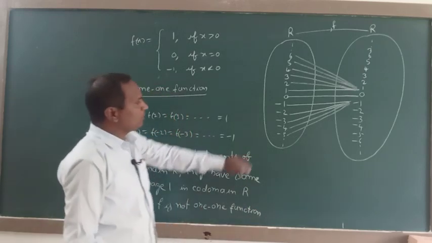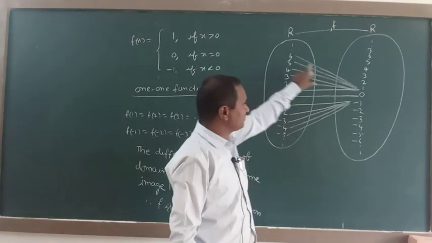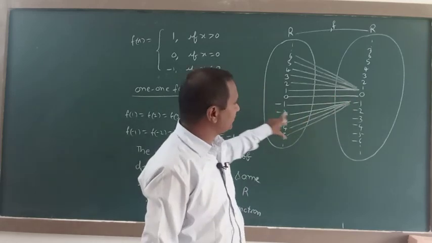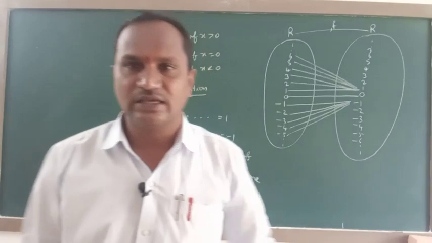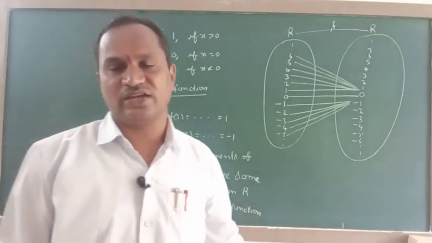See here, for all positive numbers we have the same image 1. For all negative numbers we have the same image minus 1. That's why easily we can say that f is not a one-one function.